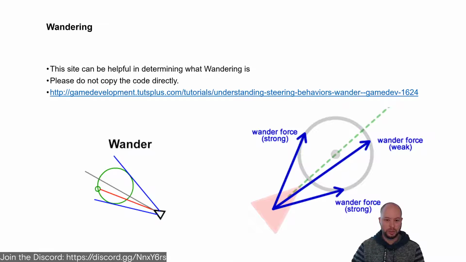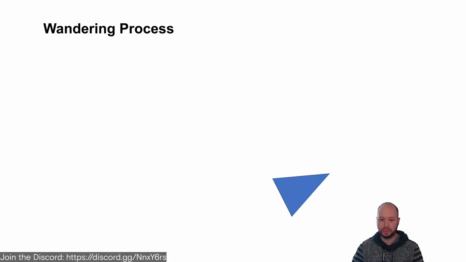This is a good link to understanding the wander force, but ultimately with wandering, you can create a unit circle, and on that unit circle, we can effectively draw a line, and that will become our force that we then apply to our agent. This is the process we would do.